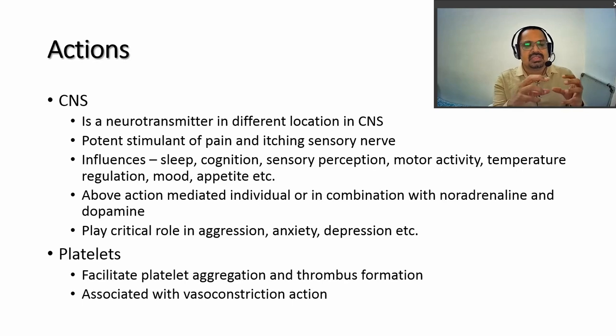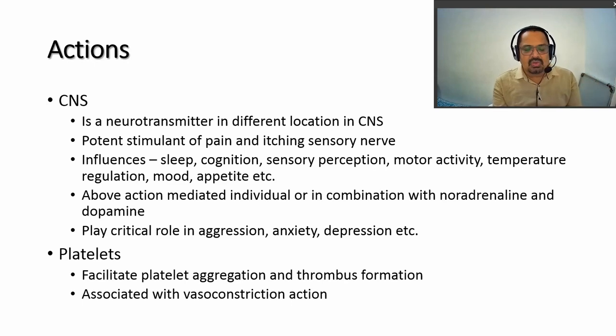These are the various aspects of the brain which are governed by serotonin. Sleep will be enhanced, cognition will be enhanced, sensory perception will be enhanced, and motor activity and temperature regulation will be influenced. If the brain is under the influence of serotonin, we will experience these actions.